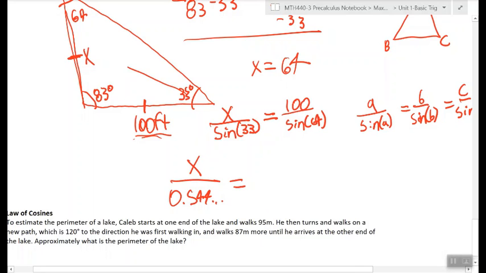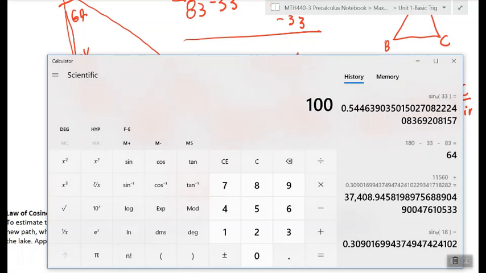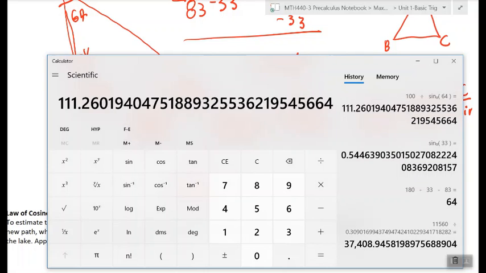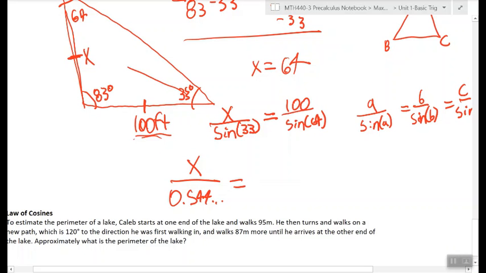We'll just do that in the calculator right here. So 100 over sine 64 is equivalent to 111.26, and then I'll multiply both sides by 0.544.